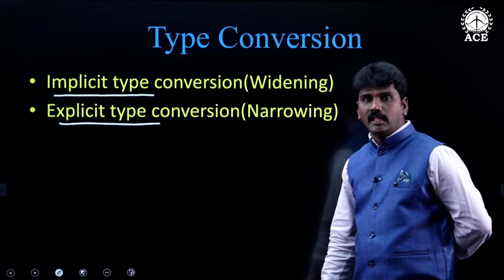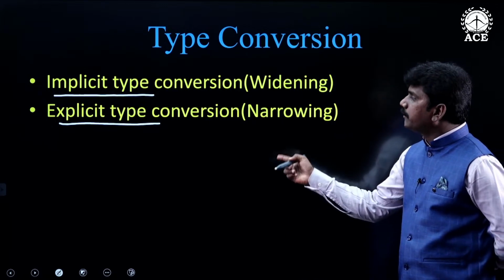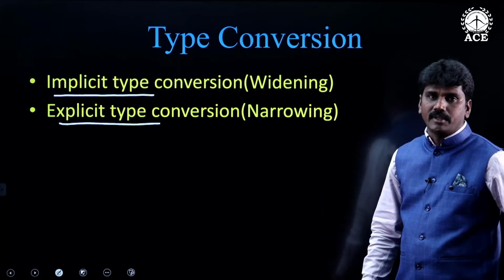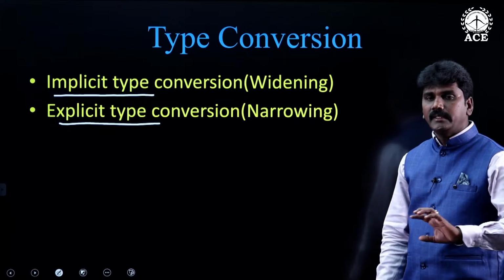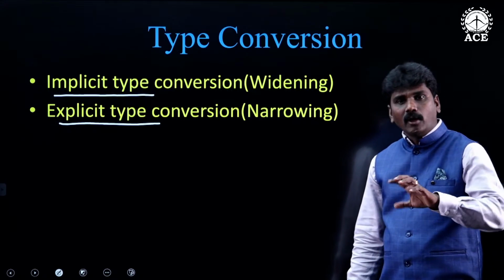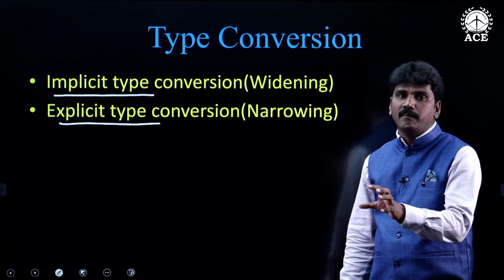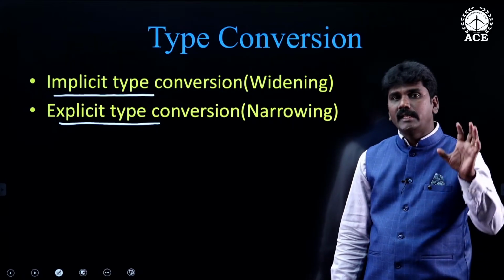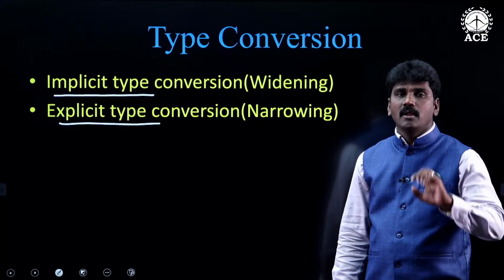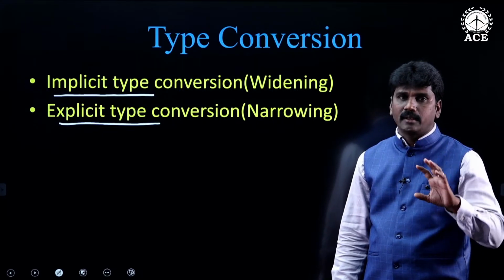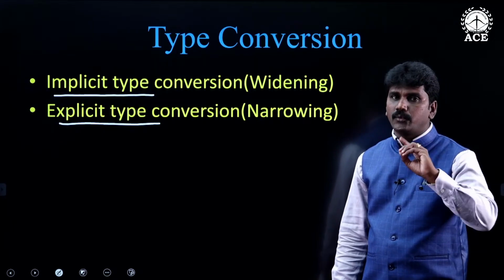Implicit conversion is nothing but automatically the low type values can fit into the high type values. For example, if we take the byte data type, the size of byte is 1 byte only.